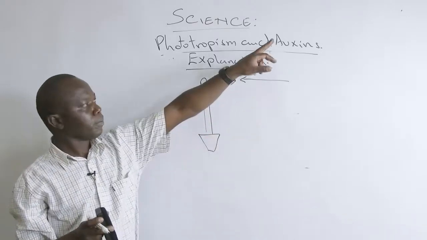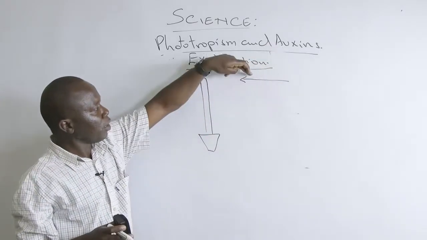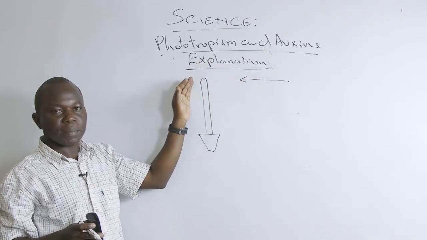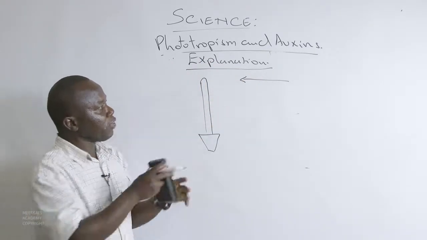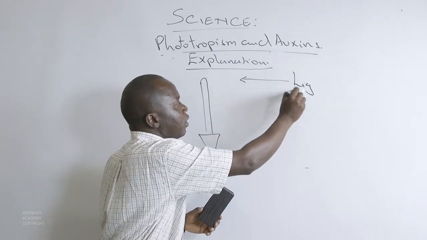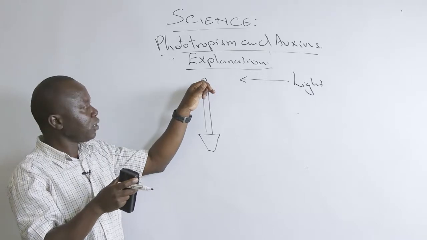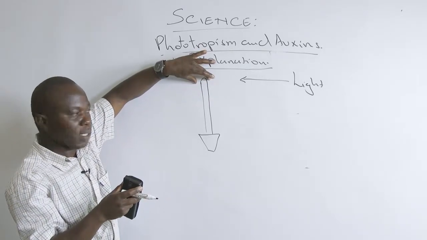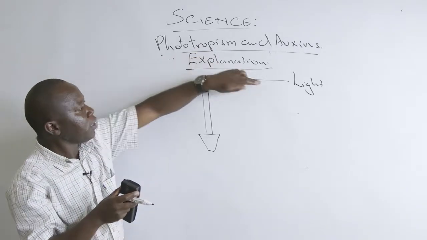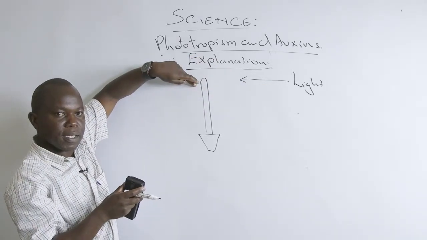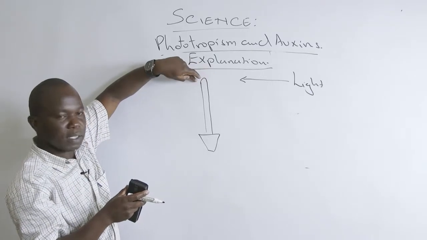Now auxins, in presence of light, they usually move away from the presence of light. So if this is the direction of light and this is the shoot tip, that's the source of auxins. Auxins are being produced at that point. This light will cause auxins to accumulate on the darker side because we have a shade.